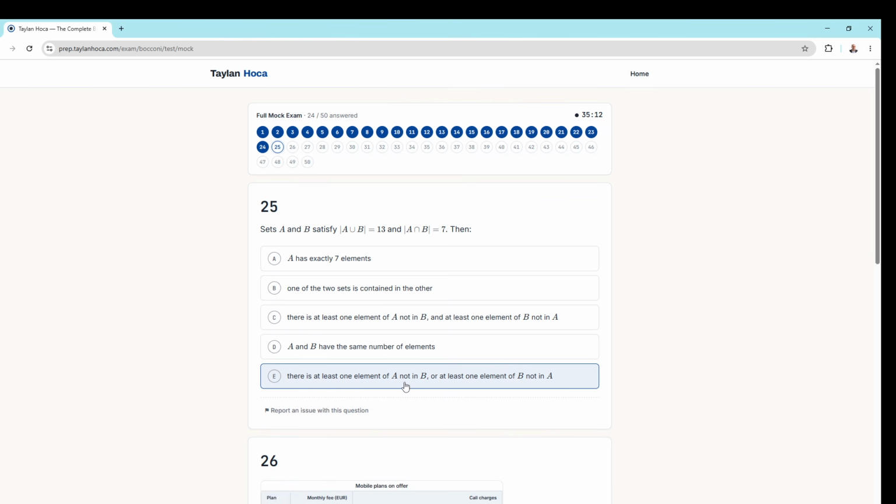There is at least one element of A not in B, or at least one element of B not in A, yes, because E is not correct only if they are the same set. Since A union B and A intersection B have different elements, they can't be the same.